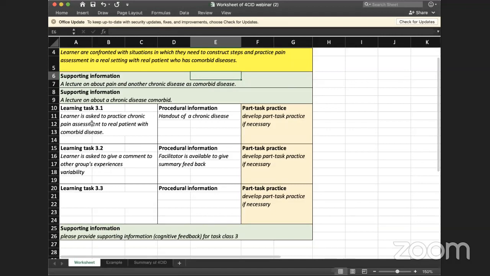The first one is the learner is asked to practice chronic pain assessment on a real patient with comorbid disease, and also the learner is asked to give a comment on other groups' experiences.